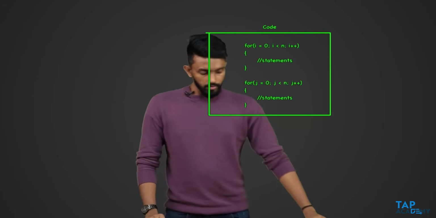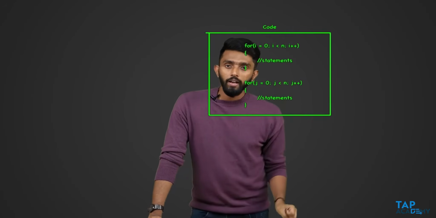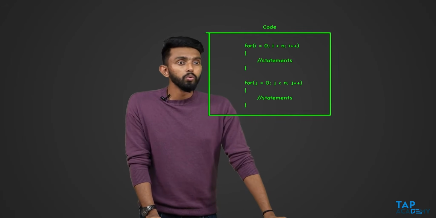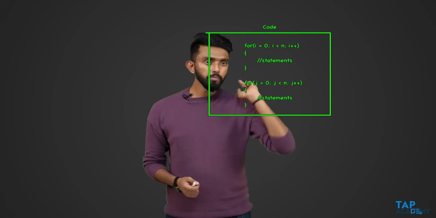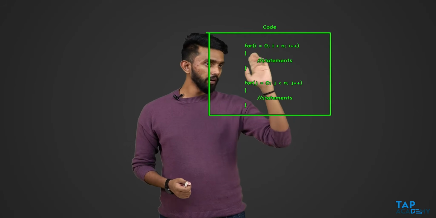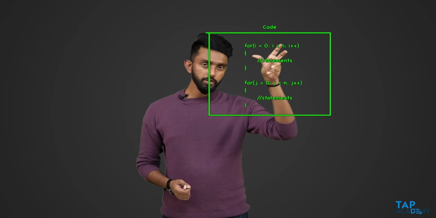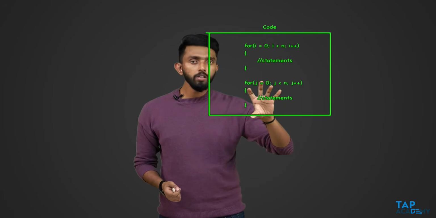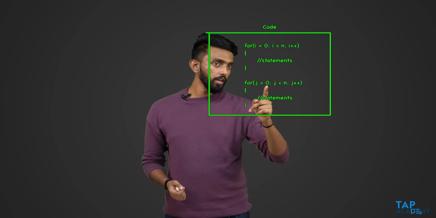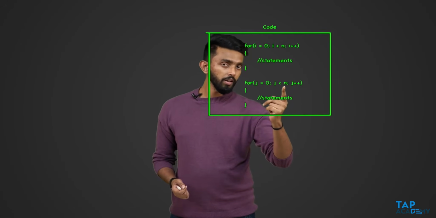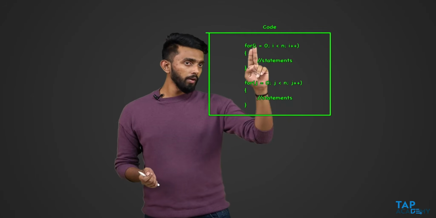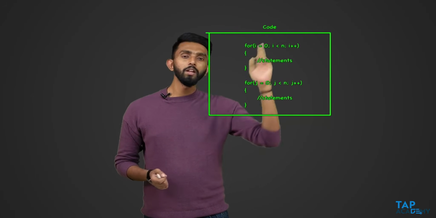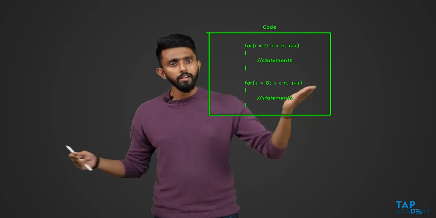So the next one, this is the code that I have. Now I want you to look at this. i is starting from 0, i is going till n. There are some statements executing. This is a separate loop outside that. j is starting from 0, j is going till n. Whenever it goes from 0 to n and is just incrementing one by one, this is a linear time complexity.